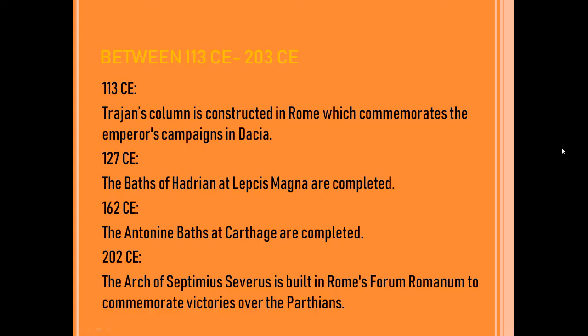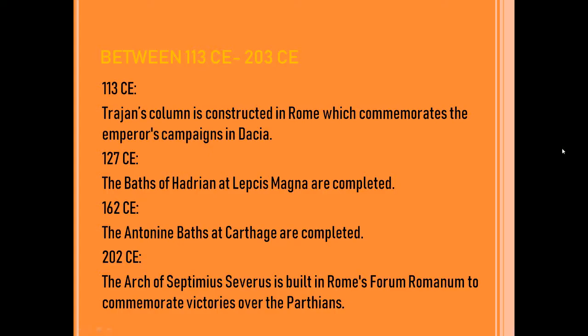Between 113 CE and 203 CE, Trajan's Column was constructed in Rome, obviously to commemorate the emperor's campaign in Dacia.